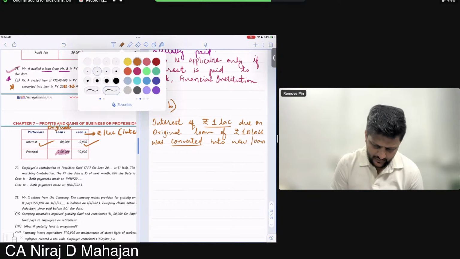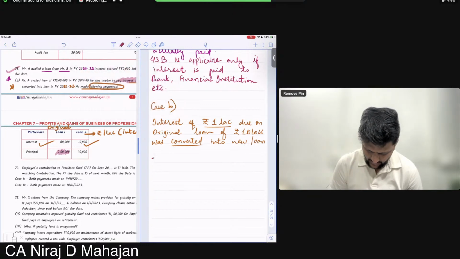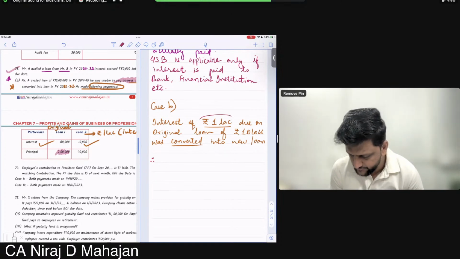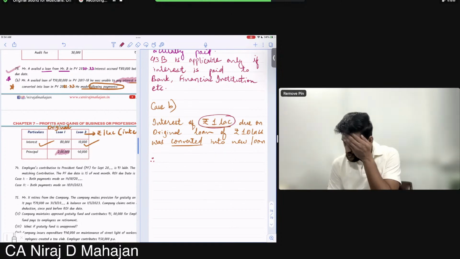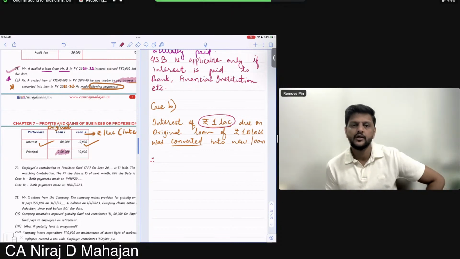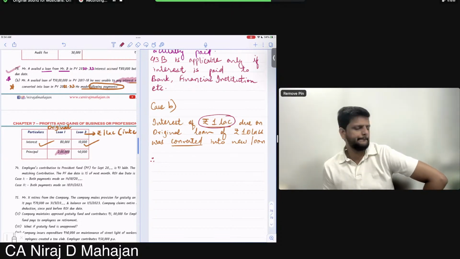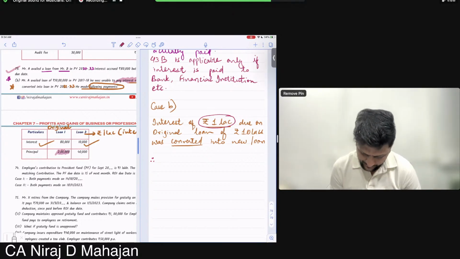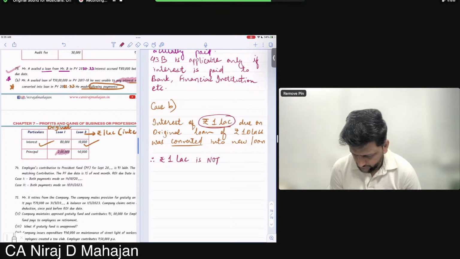Now understand. Is that rupees 1 lakh, children, actually paid? Is this interest actually paid? No, it just got converted into new loan. Is it actually paid? No. Okay. So rupees 1 lakh is not actually paid.